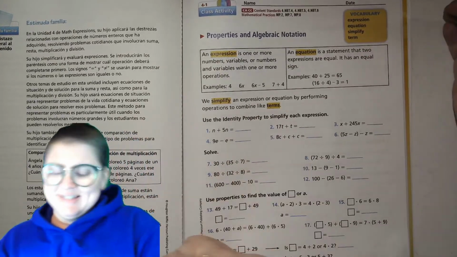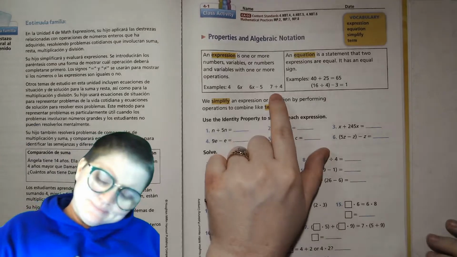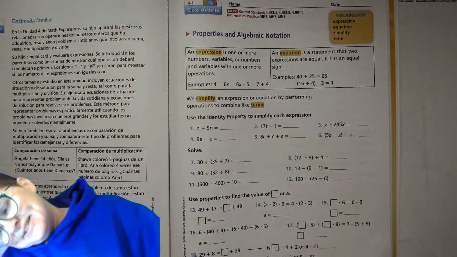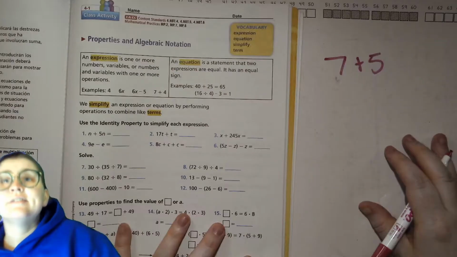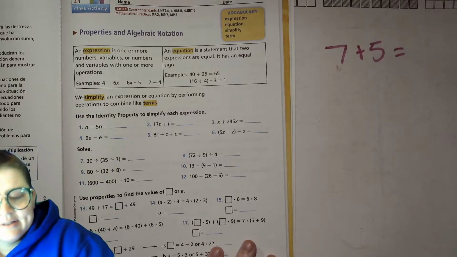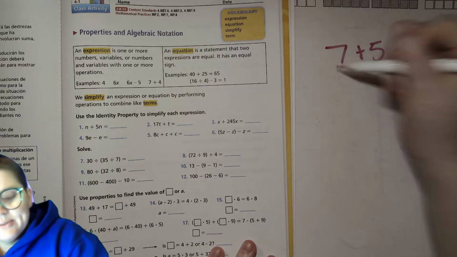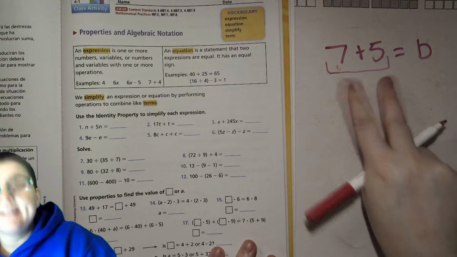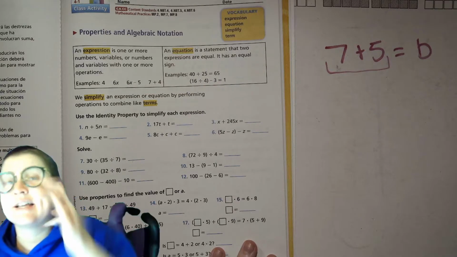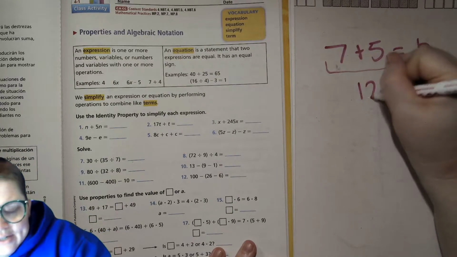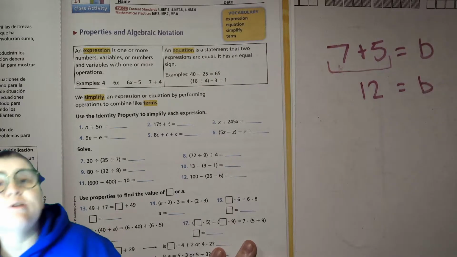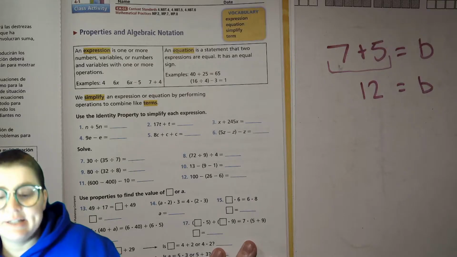That sounds fancy, but basically, when you have something like 7 plus 5 equals b, you will simplify this by adding these like terms. They're both numbers, right? It's not like a number and a letter. So you'll add the 7 to the 5, you'll get 12, and then now you know 12 equals b. That's all that means, simplifying.